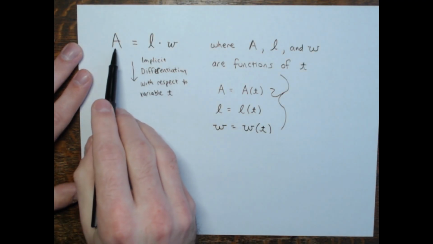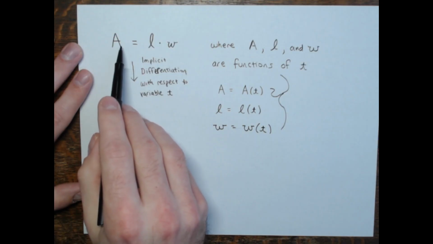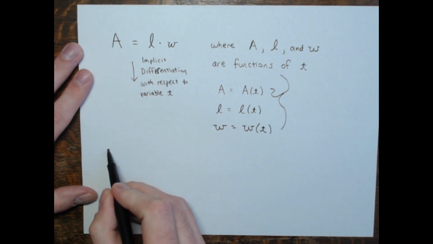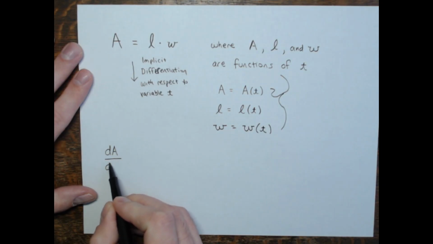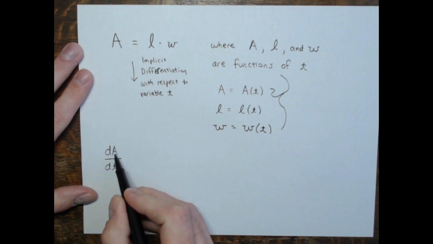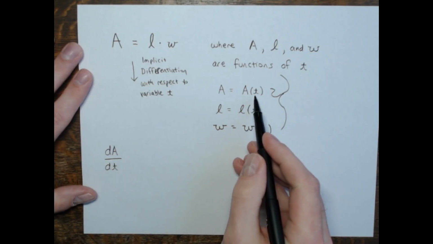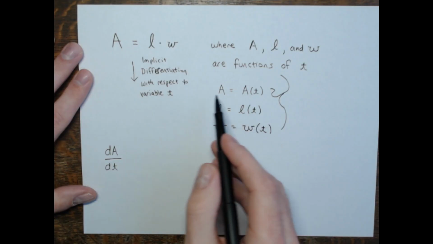So watch, right? On the left side, I differentiate this area function with respect to t. So that will give me dA over dt, that instantaneous rate of change. Now you could call this A prime if you wanted to as well. A prime of t would be the derivative of A with respect to t.